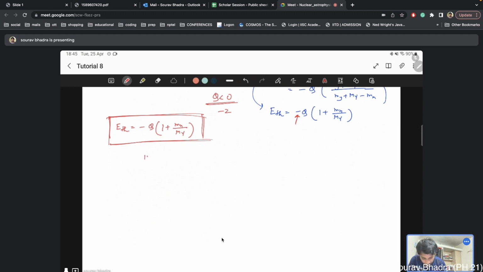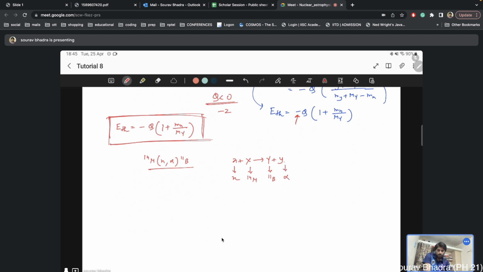So this is the reaction 14N plus n gives 11B plus alpha. That is the x plus X gives Y plus y type of reaction. Here for this particular case, small x is n, capital X is 14N, capital Y is 11B, and small y is alpha.